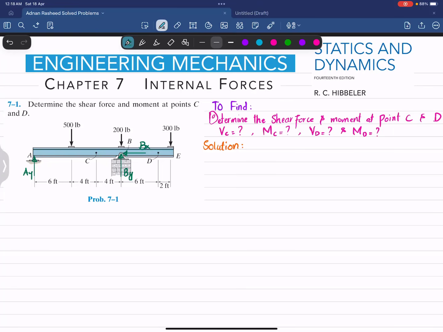The first equation of equilibrium we will apply is the sum of all moments about point B equal to 0, taking the counterclockwise moment as positive.